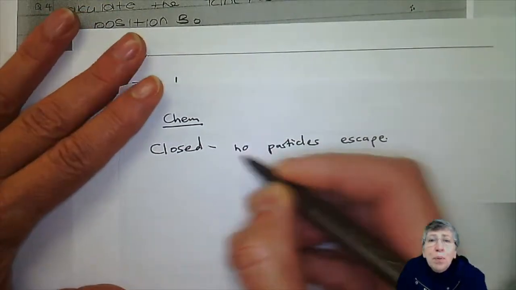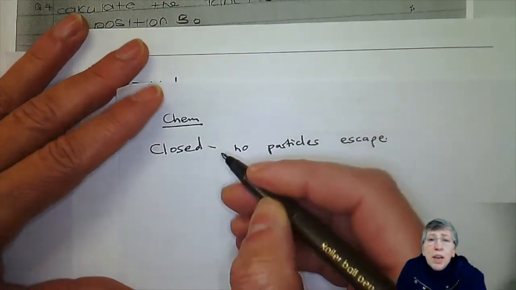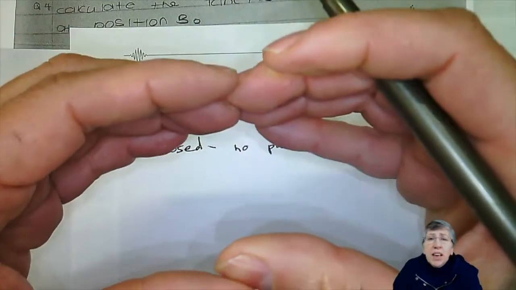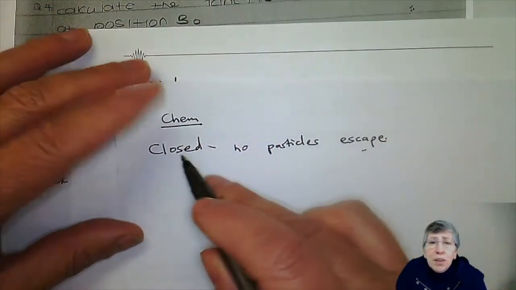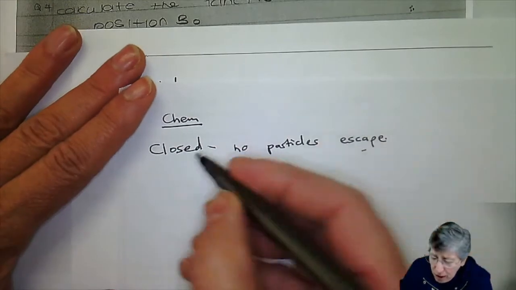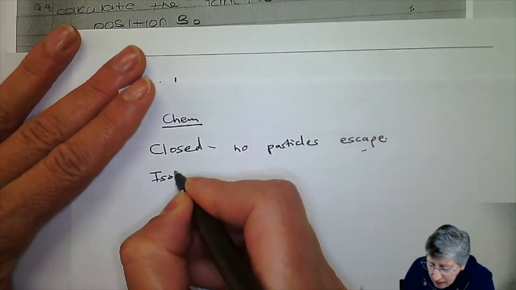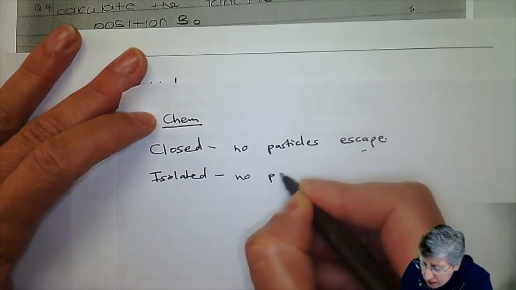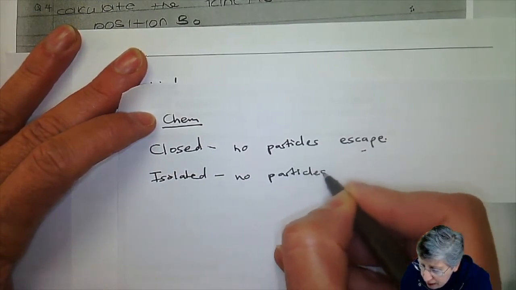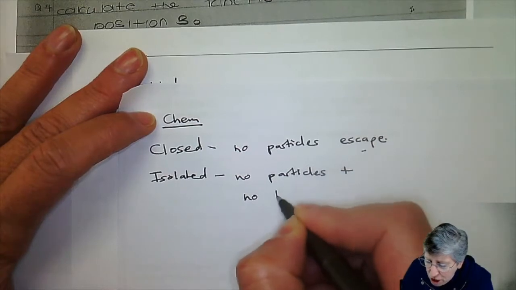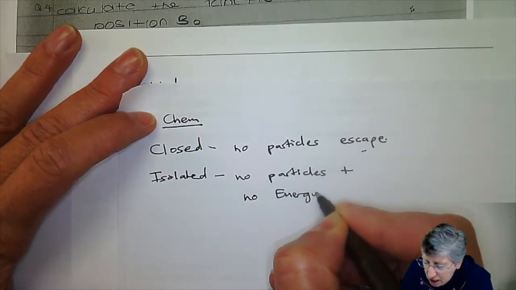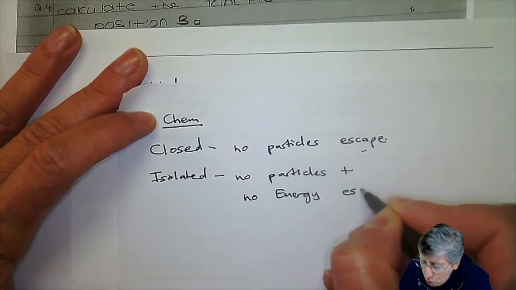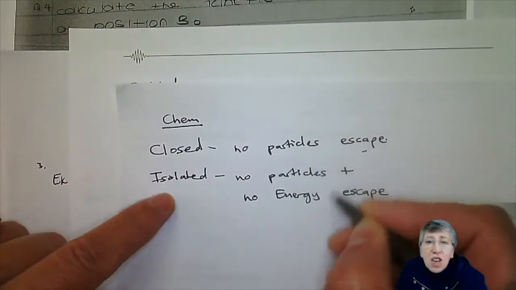If you're working with a gas, you need something that is closed at the top so that no particles can escape. That will make it closed. But isolated in chemistry refers to something where no particles and no energy can escape or be absorbed. It's isolated from the surroundings.